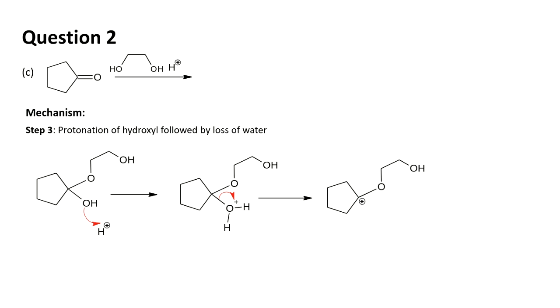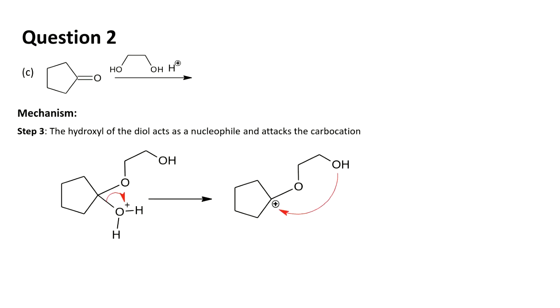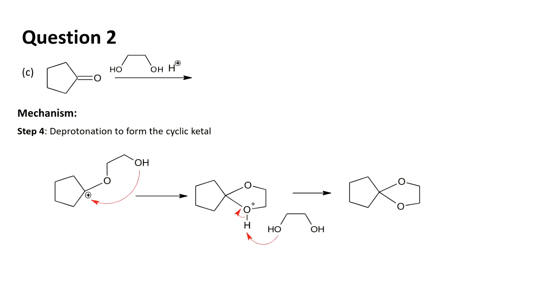The nucleophile in this case is going to be the oxygen on the other hydroxyl group, and so this will come around and attack the carbocation. The second part of the reaction mechanism is going to give us a ketal. So we lose water, we have our carbocation, the oxygen comes in, its lone pair acts as the nucleophile to attack the carbocation. At the end of the reaction, what we have is a cyclic ketal.